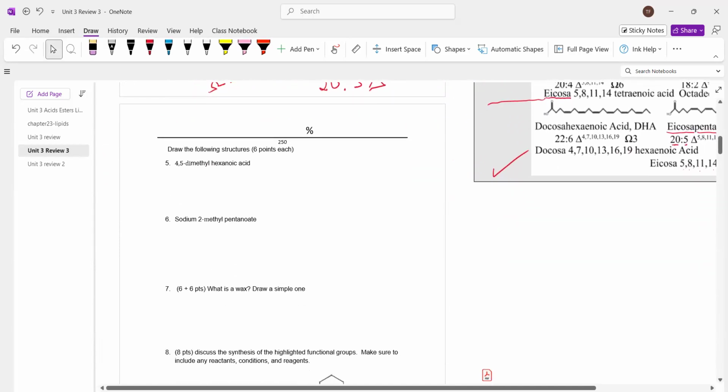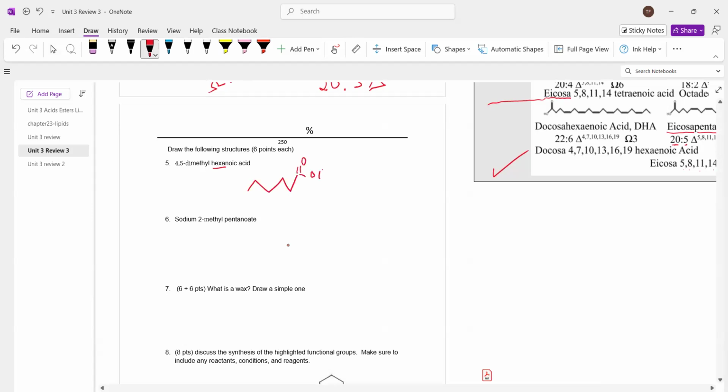Okay, draw the following structures. Okay, so we're looking at a six carbon acid. And we have it carbons 4 and 5, 1, 2, 3, 4, and 5 methyl groups as a branch.